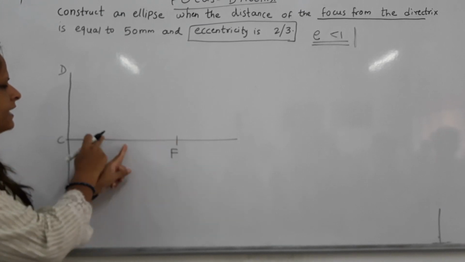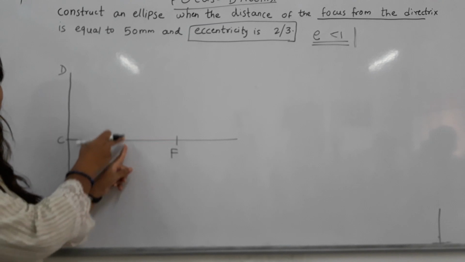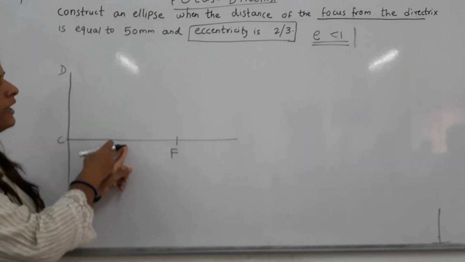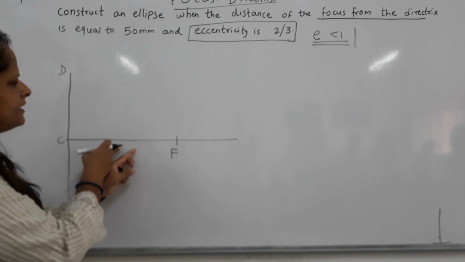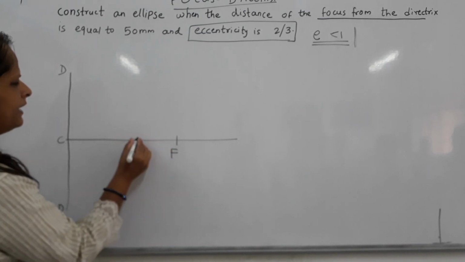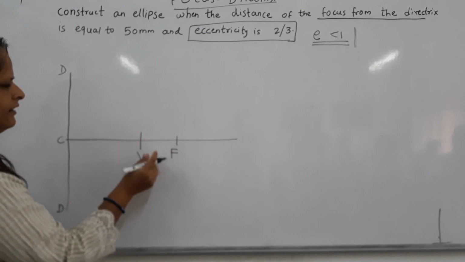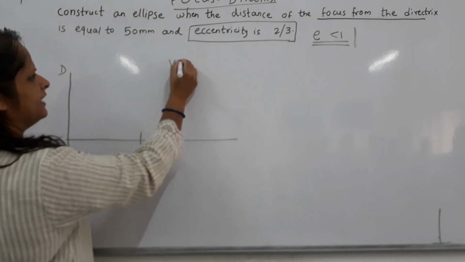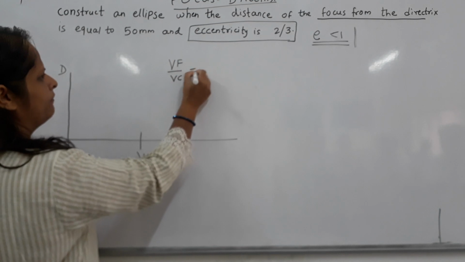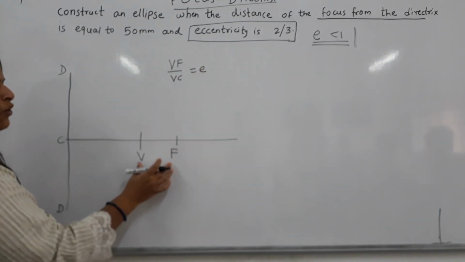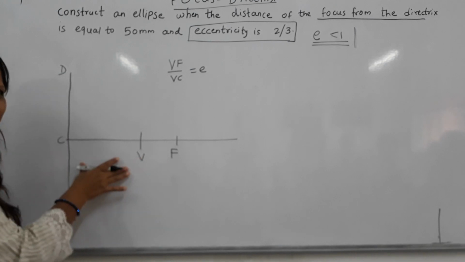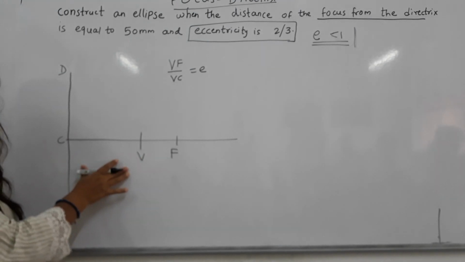If V is exactly in the middle of this, then the curve will be a parabola. If V is on the rightmost part, if V is here, VF upon VC is the eccentricity. VF upon VC is the eccentricity. So if VF is smaller and VC is greater, then the curve is known as an ellipse.